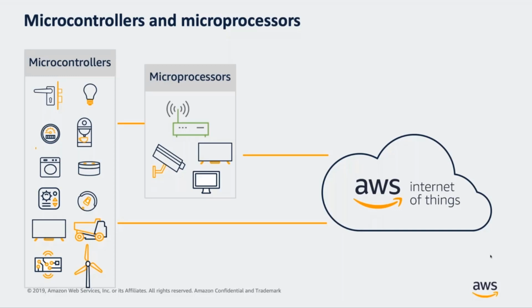Microcontrollers are single chip compute units. They are generally simpler processors, whereas microprocessors have much more processing power. And IoT sensors generally are paired with either microcontrollers or microprocessors, depending on the processing needs you have.